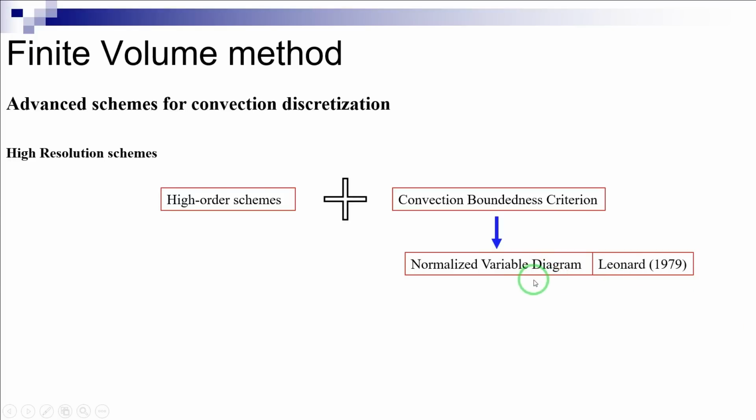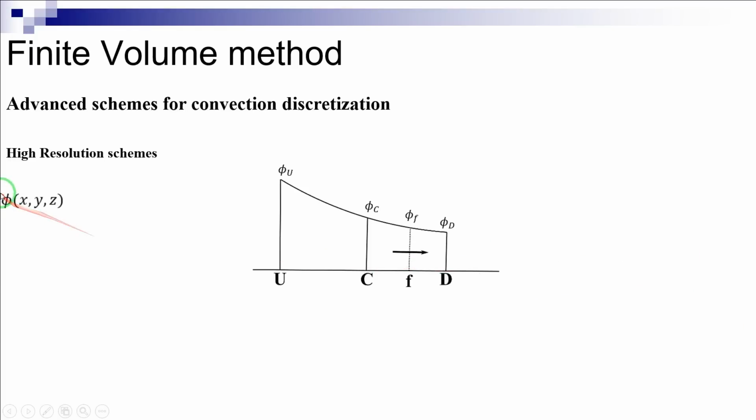To explain further, consider the variation of a convected scalar variable phi(x, y, z) along a direction normal to a control volume face f as shown in this figure. Here, D stands for downstream, C is central, U upstream, and F face.